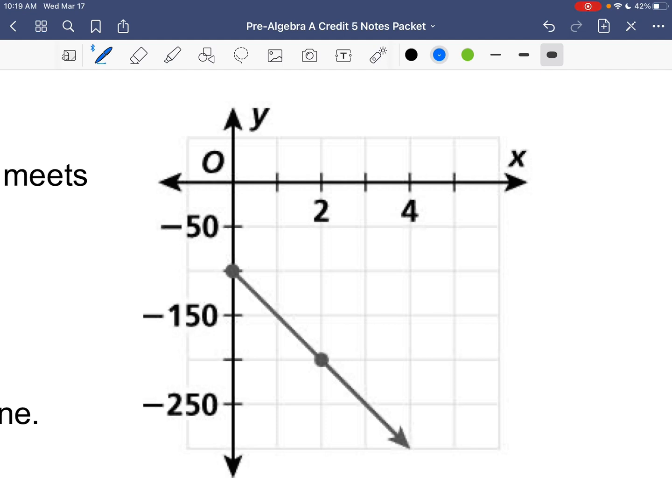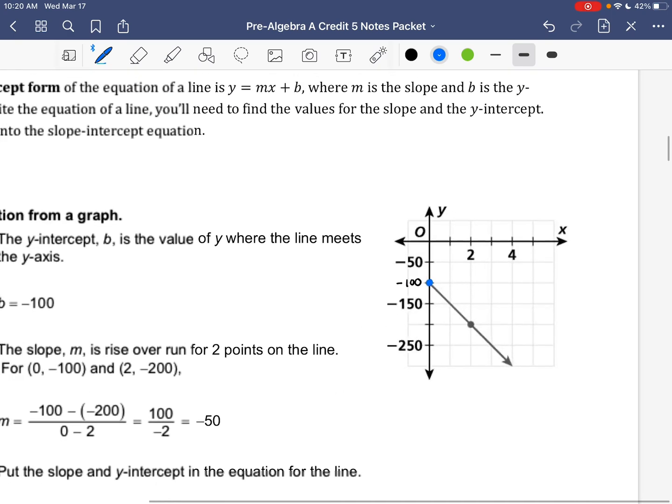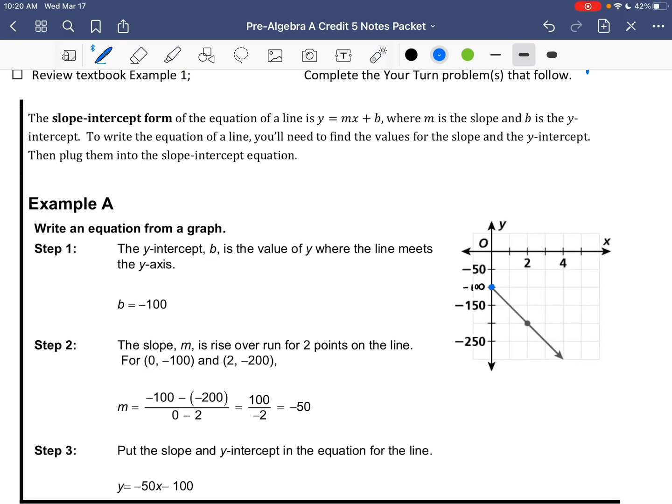So if I look at the y-axis here, and I see the graph here, I see that the point of intersection is right here. Now, this value, it's not listed, but it's actually going to be negative 100. So the y-intercept, which I will put in blue, is going to be, or b is going to be, negative 100.